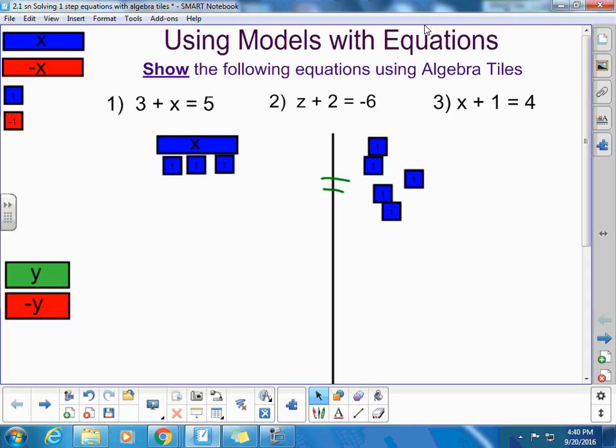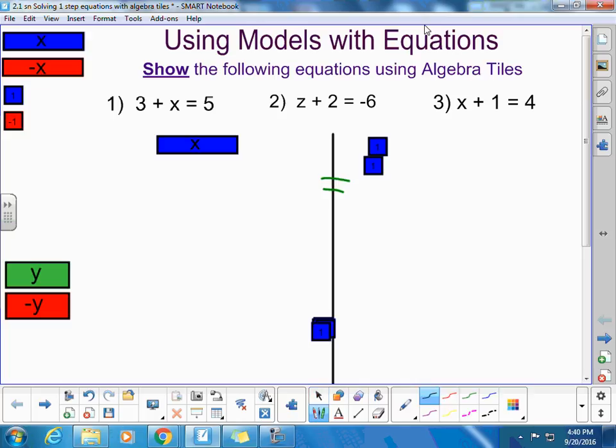So if we have the exact same thing on two sides, exactly the same color, same size, we can take them off. So I can take off one from here, one from here, one from here, one from here, one from here, one from here. And I am left with a solution over on this side.